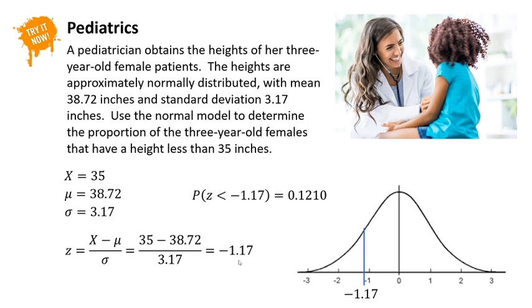It's going to be this many standard deviations away from the center. So that's the same thing as here on the standard normal distribution curve, this location right here, negative 1.17 on the standard normal distribution. And we're wanting to find the proportion of the 3-year-old females that have a height less than 35 inches. That's going to be the area to the left of this, which we can find from our table.